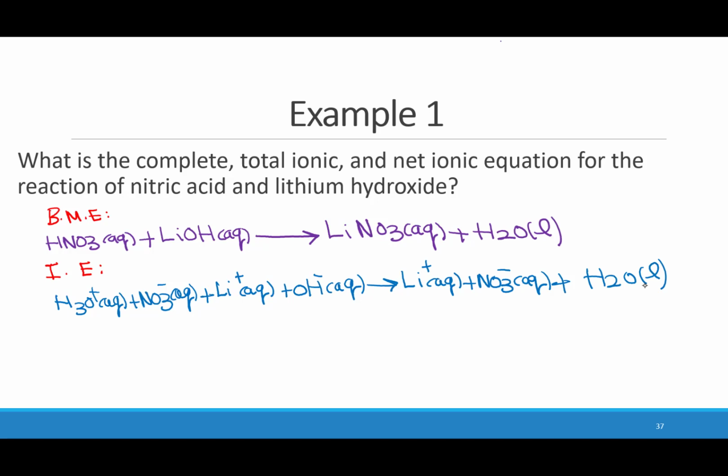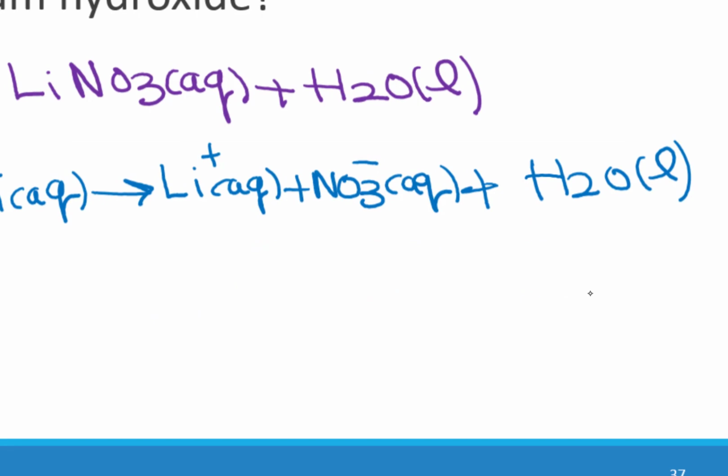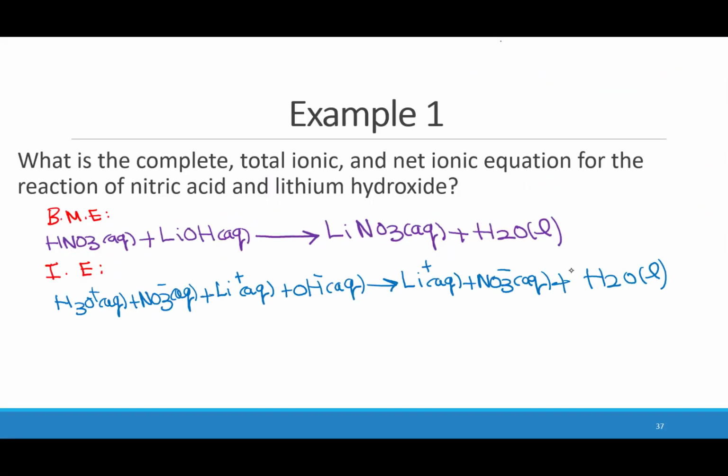One is coming from here. The second one is for the hydronium ion. Remember, to balance the hydrogen and oxygen, for every hydronium ion that we add, we have to add a molecule of water on the opposite side. One's coming from here and one's coming due to the production of hydronium ion. Therefore, I have 2 liquid water. And this is our ionic equation for this reaction.